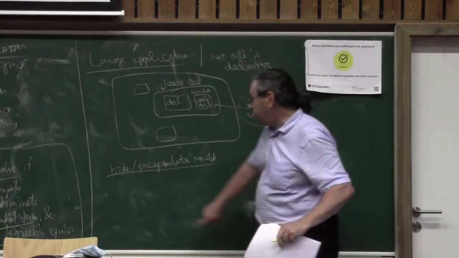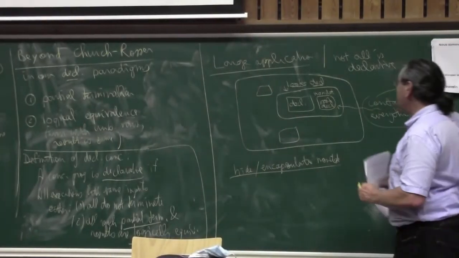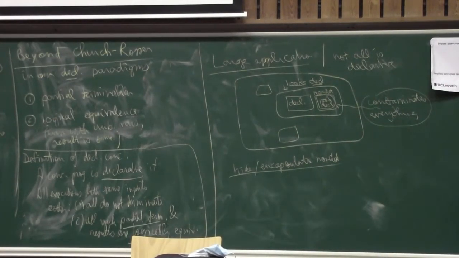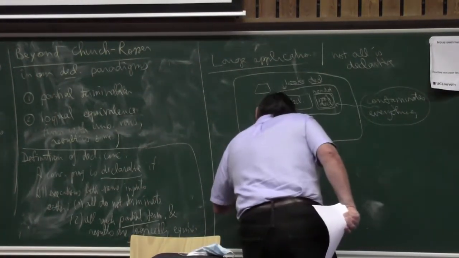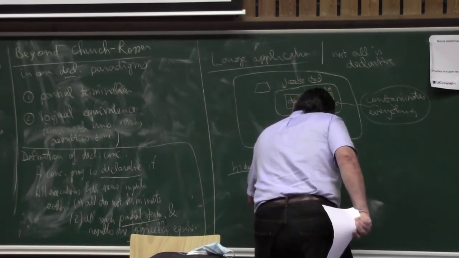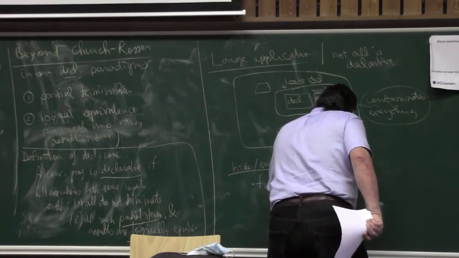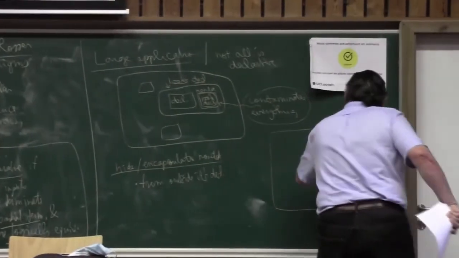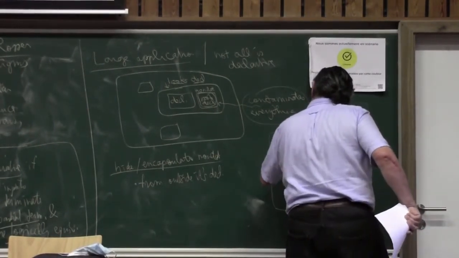They all give the same result, logically equivalent, even though inside they have this non-deterministic bit. Okay? So from the outside, it's declarative. So the idea is that we have a big program with lots of declarative pieces.